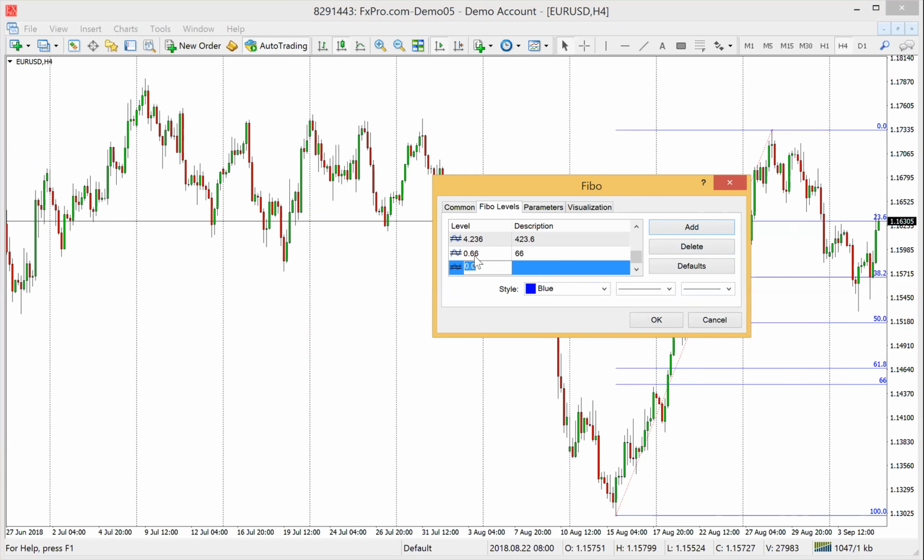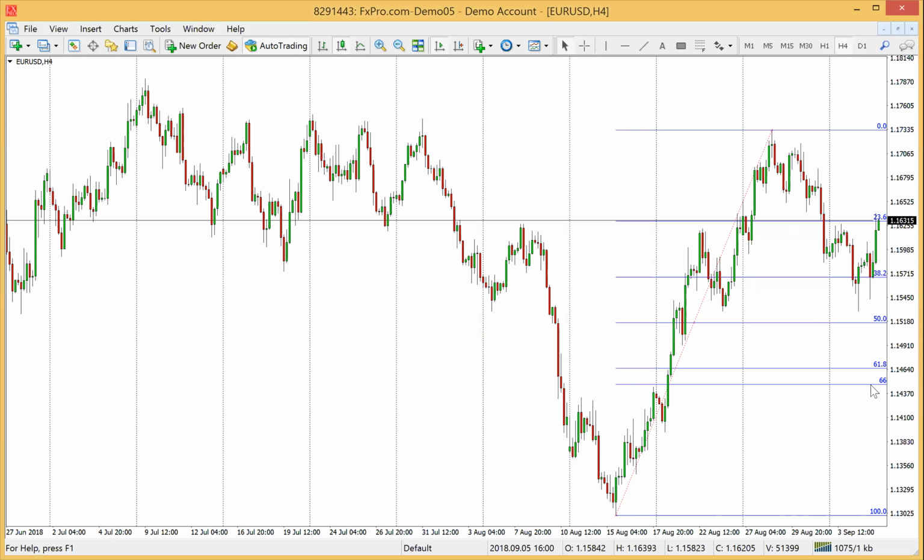Because I've already done that, I'm not going to show that example, but you understand that. Once you've done that, you'll have this level here, which is the added level.